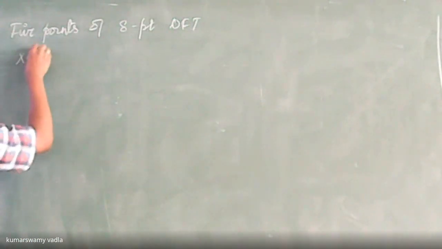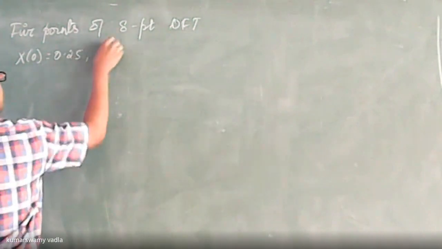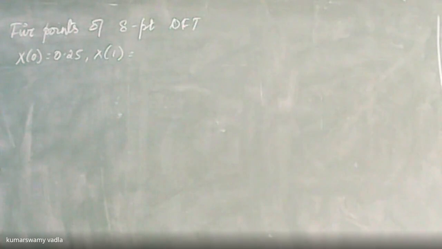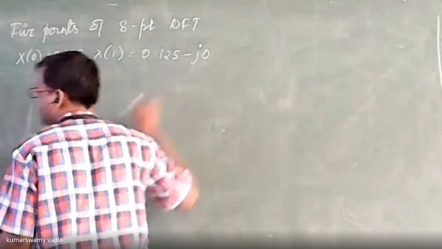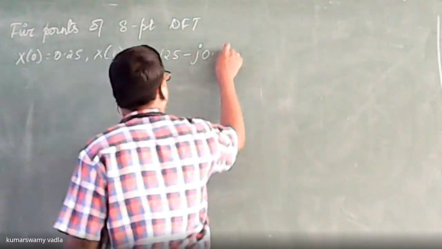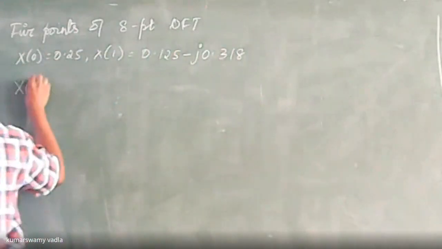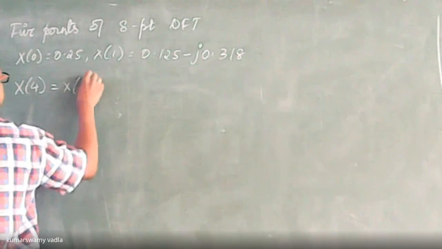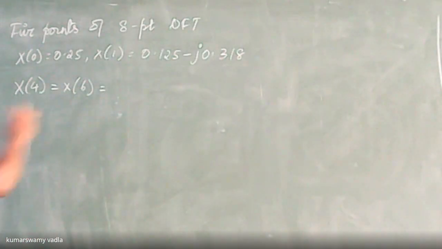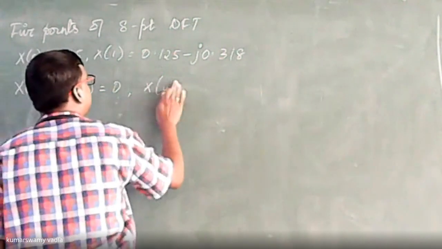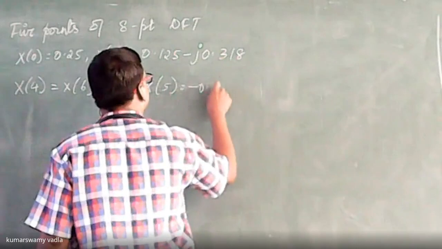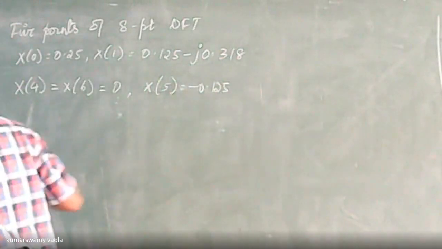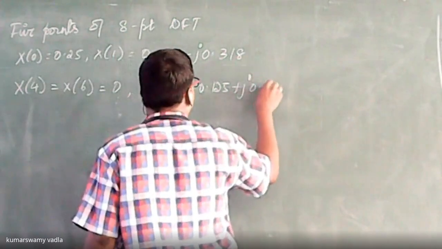x of 0 is equal to 0.25, x of 1 is equal to 0.125 minus j 0.318, capital X of 4 is equal to capital X of 6 is equal to 0, capital X of 5 is equal to minus 0.125 plus j 0.318.